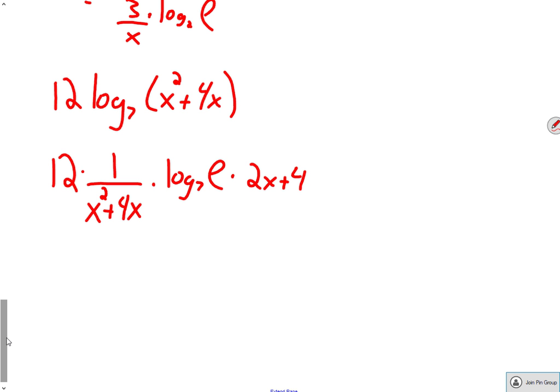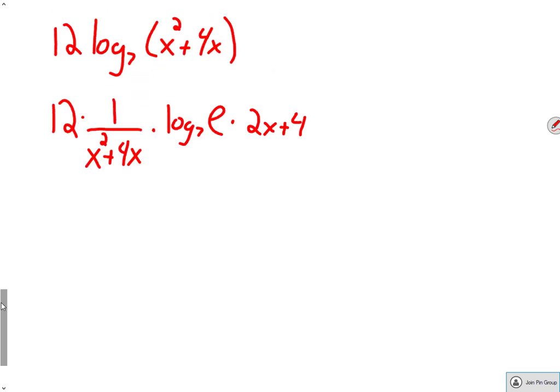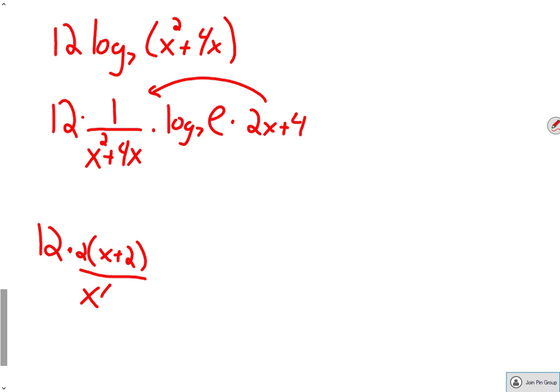Now, we can simplify this a little bit. If you want, you can rewrite 12 times, I'm going to bring this guy over here. I can take 2 out of all that. I can take an x out of all this.